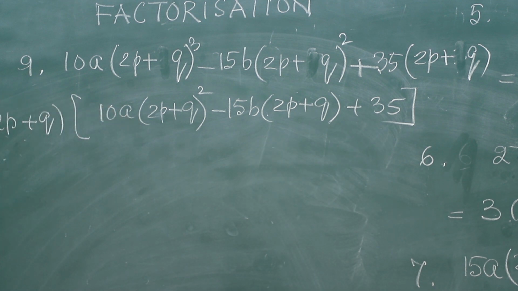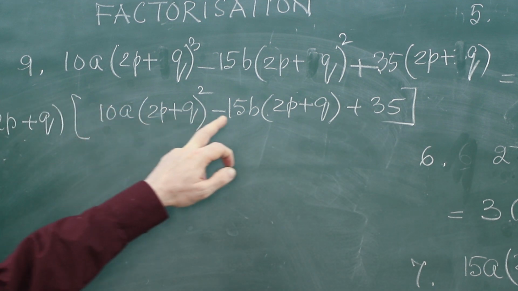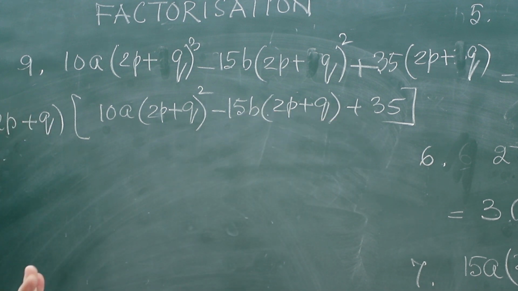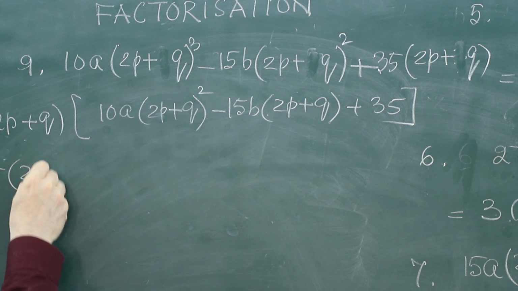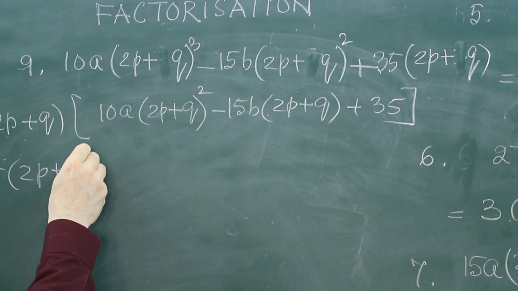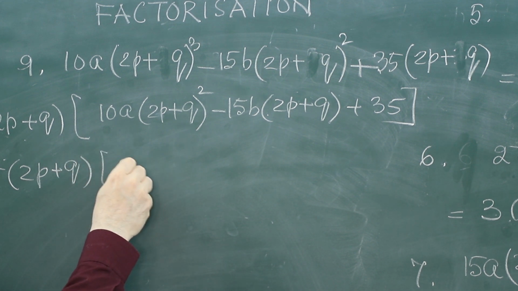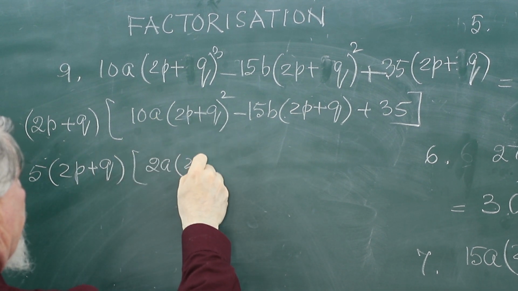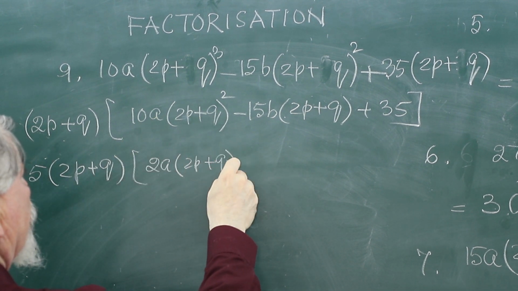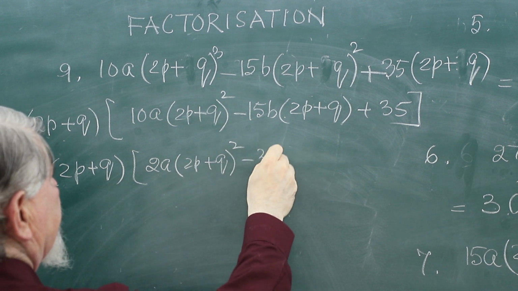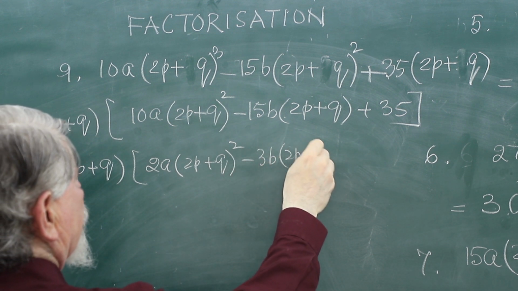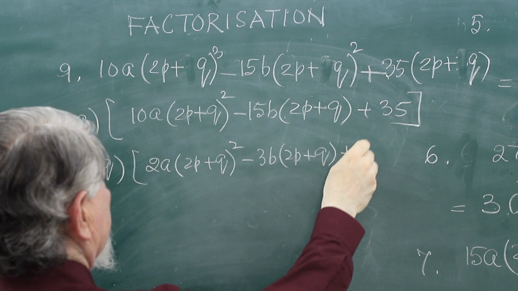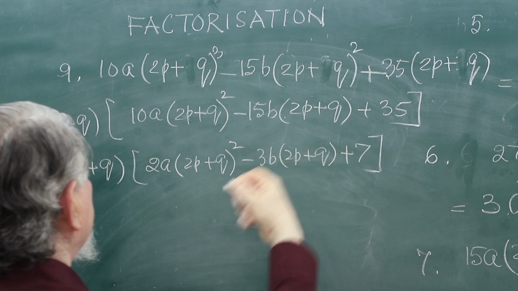Again in the second bracket I have 10, 15 and 35. In this I can see 5 can be taken out common. So I will take out the 5 common here, (2p + q), and if I take 5 common I will be left with 2a(2p + q)^2 − 3b(2p + q) + 7, since 5 7s are 35.